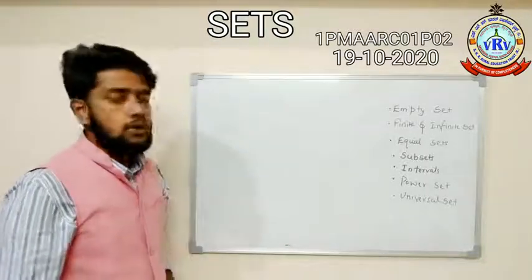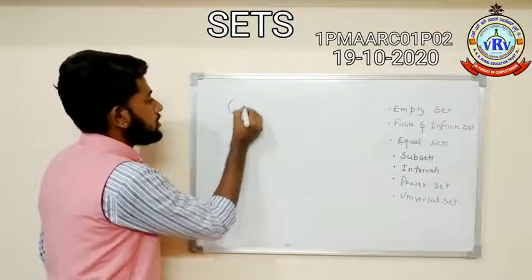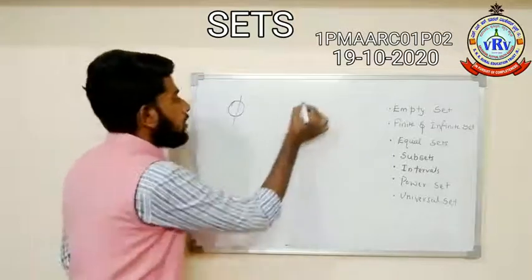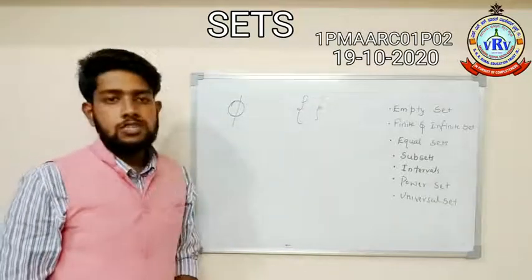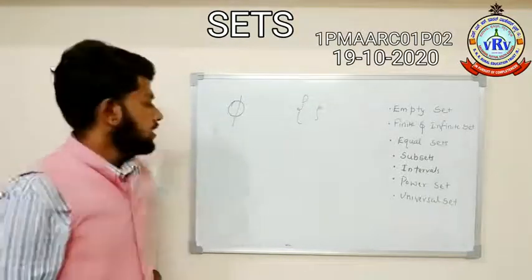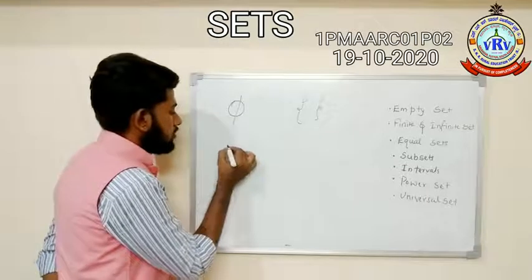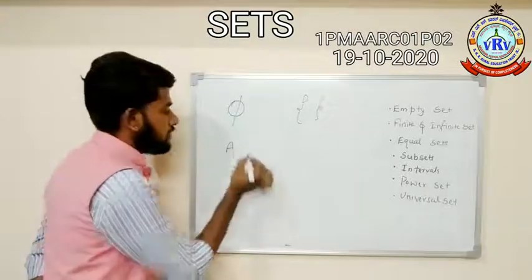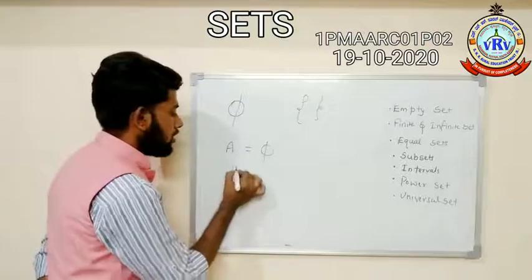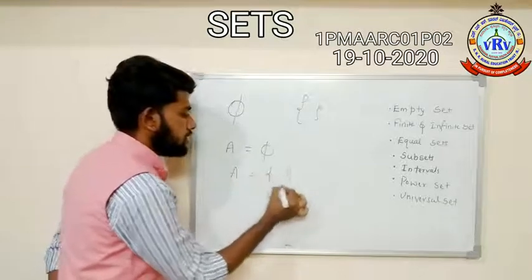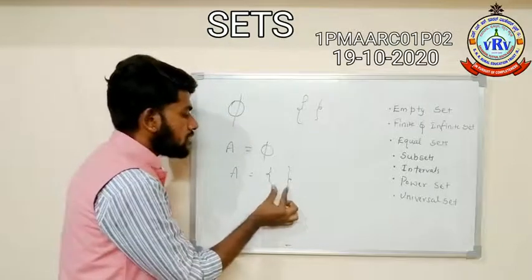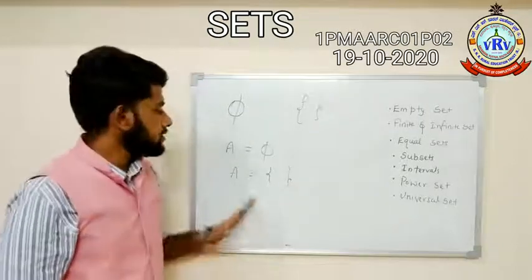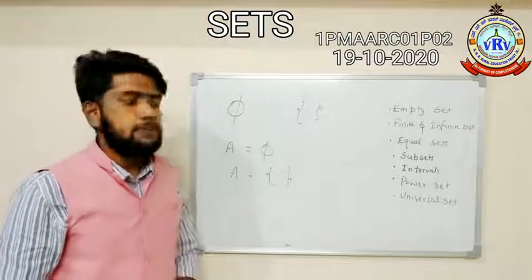And we denote the empty set by the notation psi, or by using these two flower brackets. Okay? If A is an empty set, we can write A is psi, or A is an empty set. This indicates it is a set which does not contain any element. So this is about the empty set.